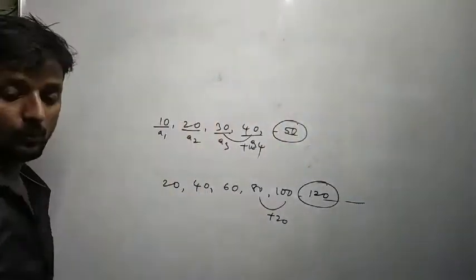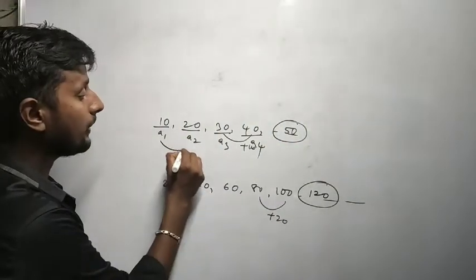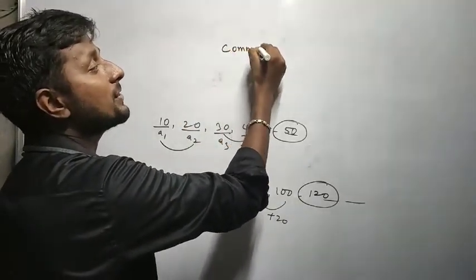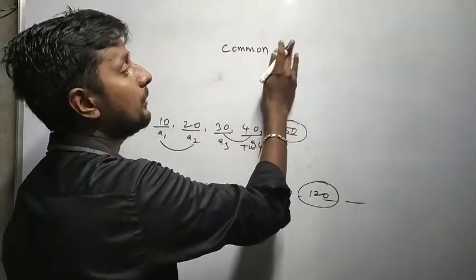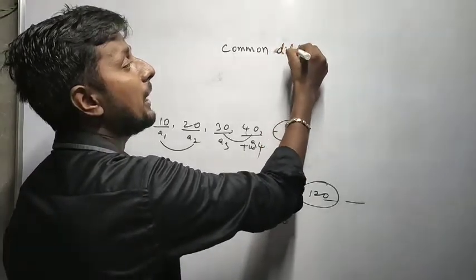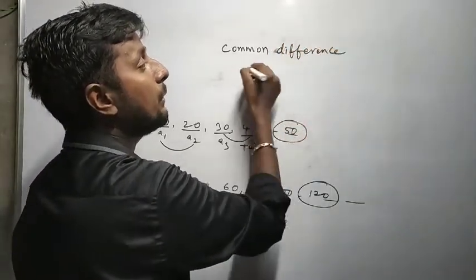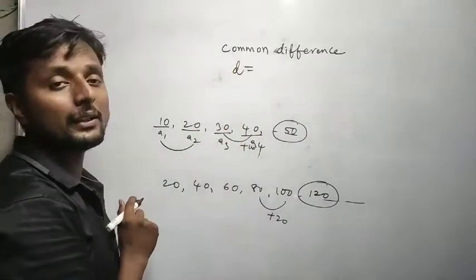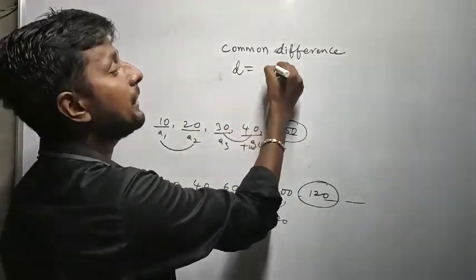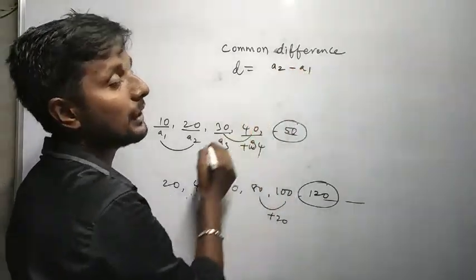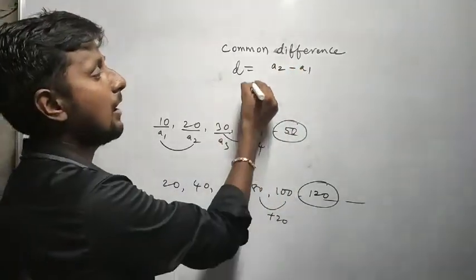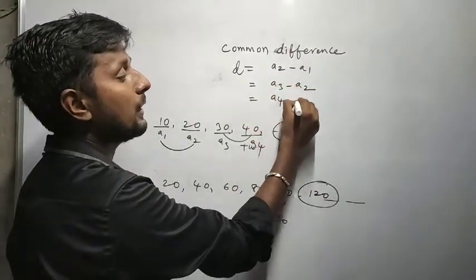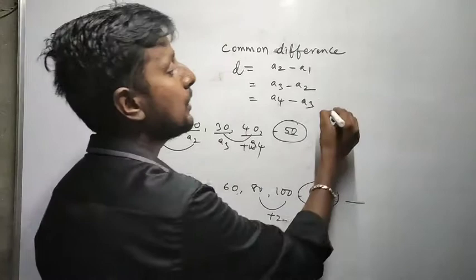Now look at the difference. The constant, fixed number between any two successive numbers we call the common difference, and denote it with the letter D. The definition of D is A2 minus A1, that is second term minus first term, or third term minus second term, or fourth term minus third term, and so on.